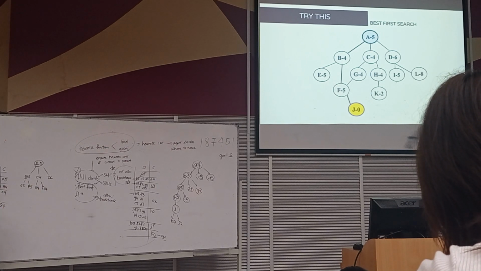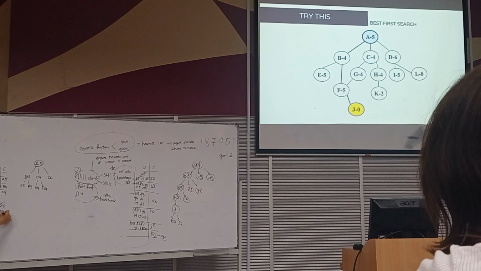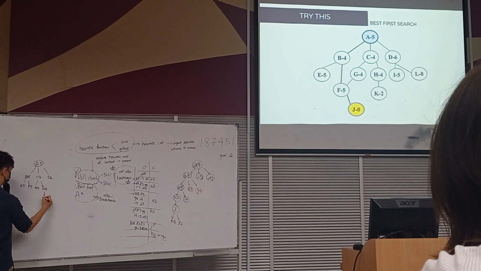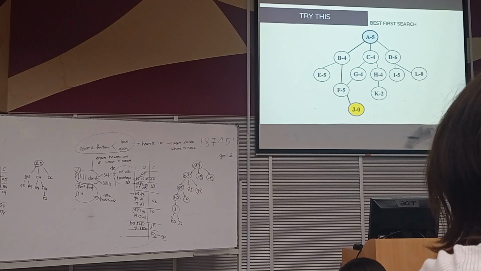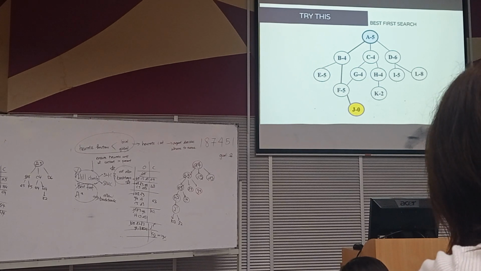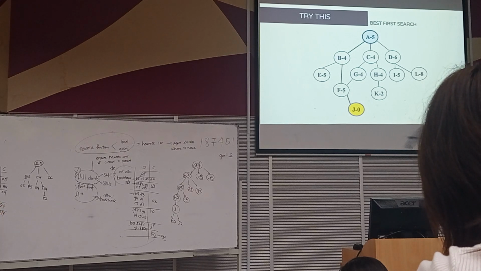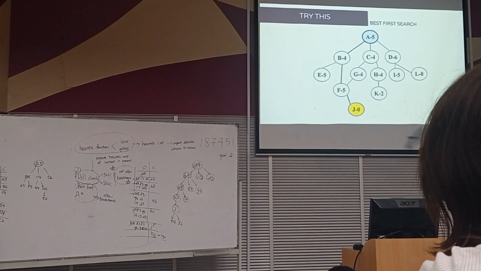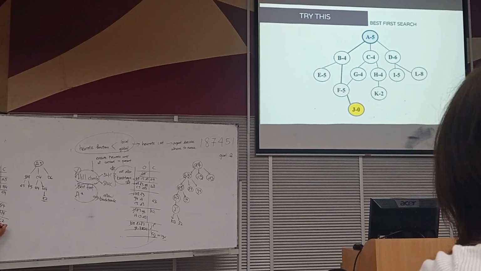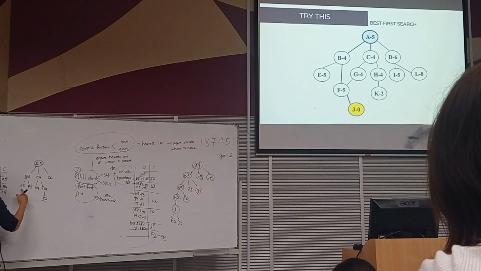So continue, which is H4. If you continue H4, you get K2. K2 comes first: K2, E5, F5, D6. So continue K2. K2, no solution. If no solution, it's okay, we continue to E5.